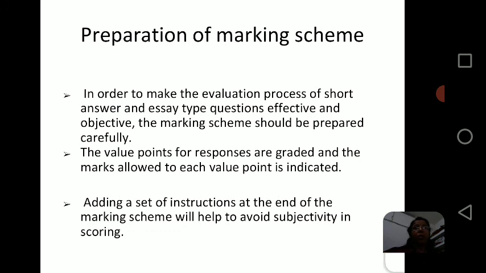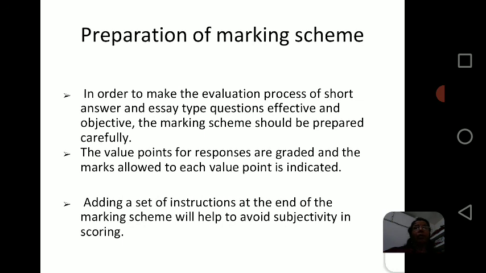For example, among the 4 value points, suppose the last 2 are more important than the previous ones, you can give more marks to the last value points. The distribution may be 1, 1, 2, 2. Total 6 marks. It depends on the relative importance of the value points.